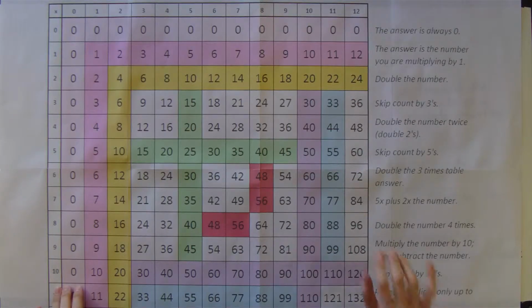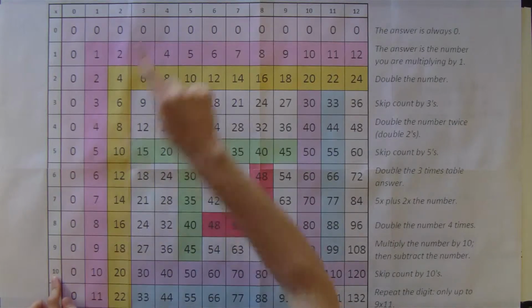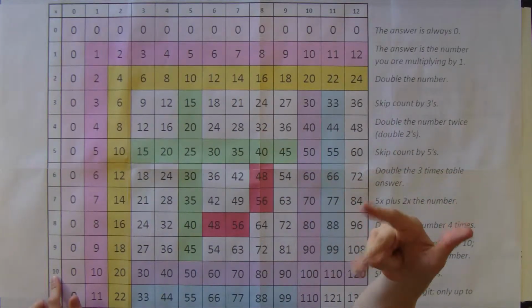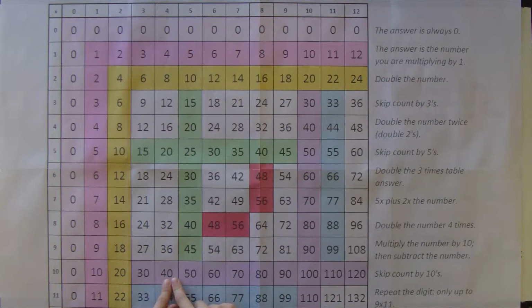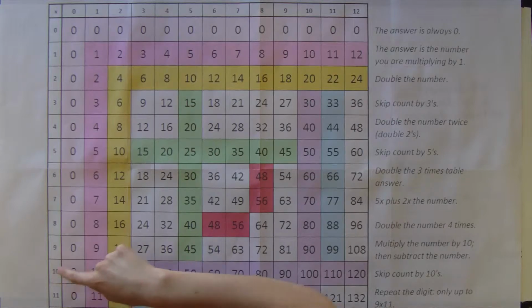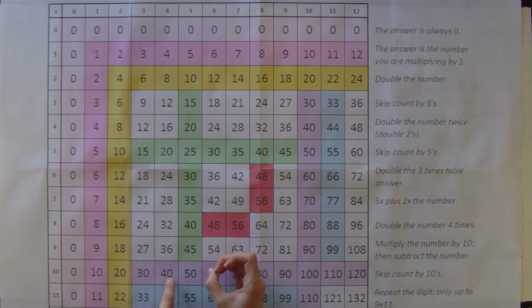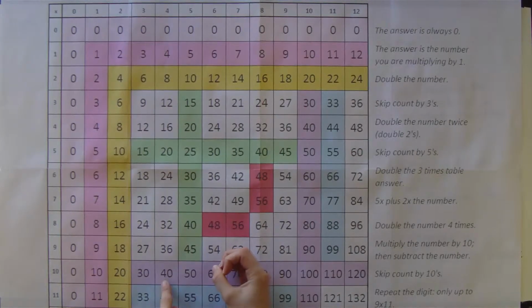Alright, so skip count by 10. So 10 times 4. We just count in 10s 4 times: 10, 20, 30, 40. So 4 times 10 is 40. That is correct. And if you notice, 10 times 4 is 40. See, the 0 is going in the ones column and it's moving the 4 along one place.